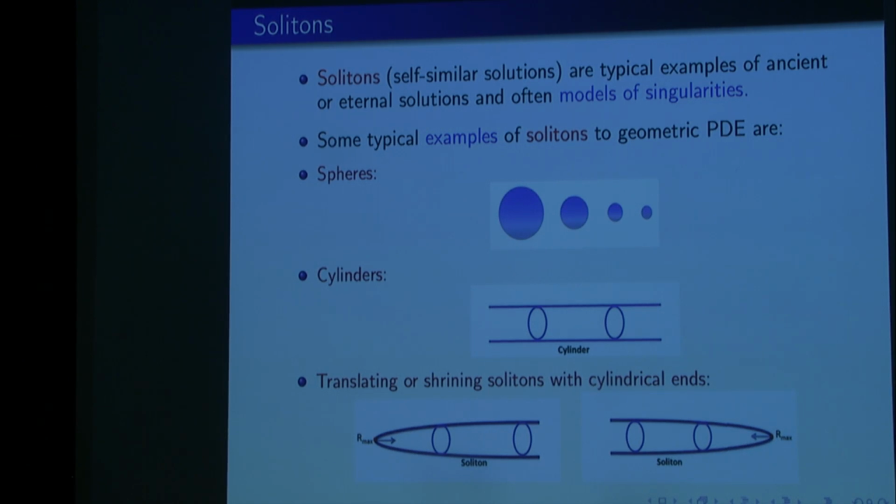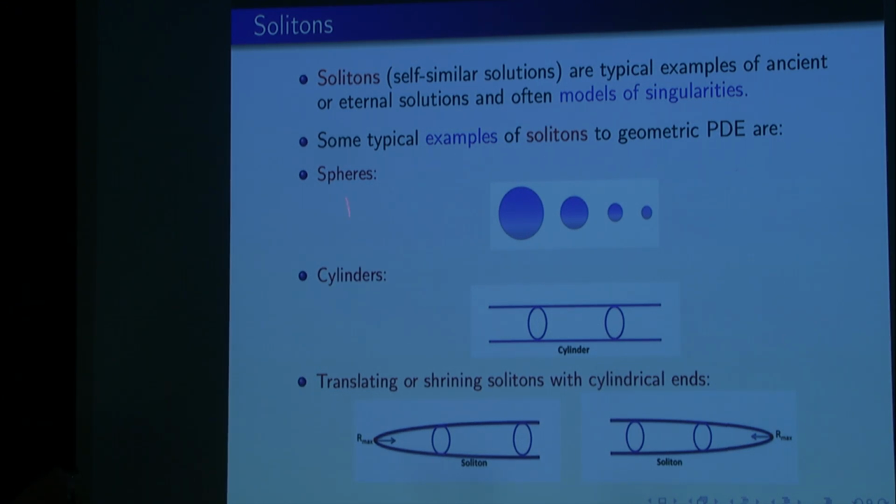And these simpler models of solutions are often or usually self-similar. What does this really mean, self-similar? It means that they are special solutions that change in a very specific way.